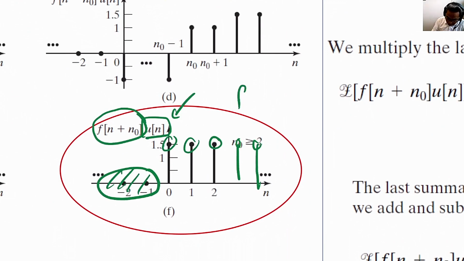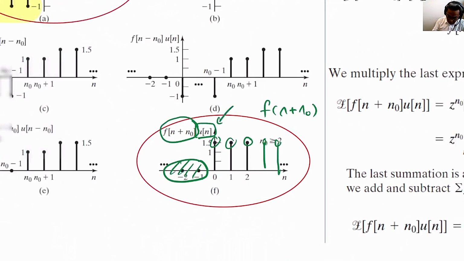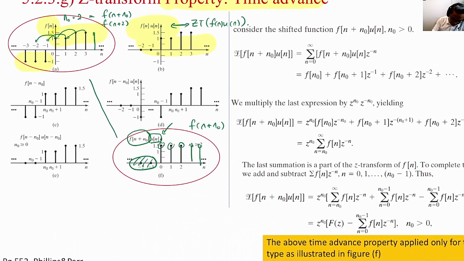So now we have f[n + n0]. We want to compare the two Z transforms. If we have already done a lot of work for the Z transform of f[n], can we still make use of it for this signal since it is only a time advanced version? Yes, we can.